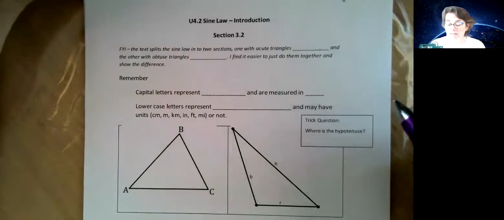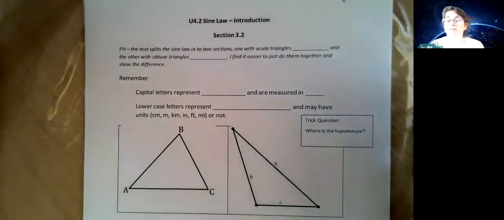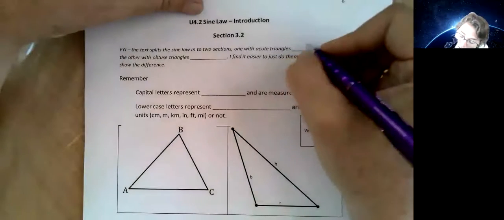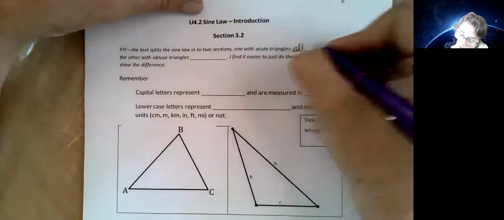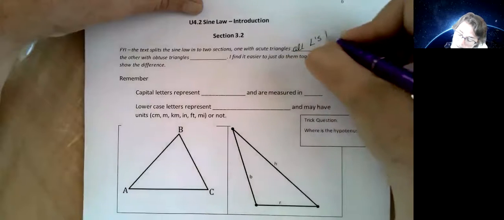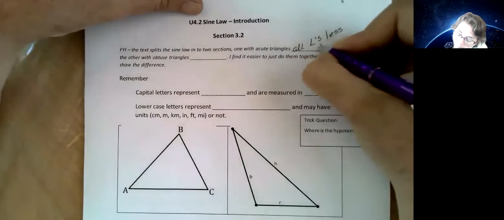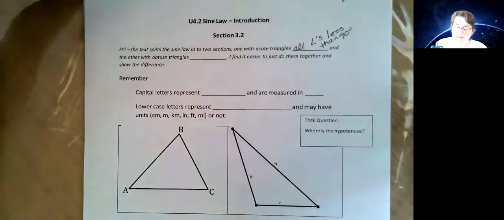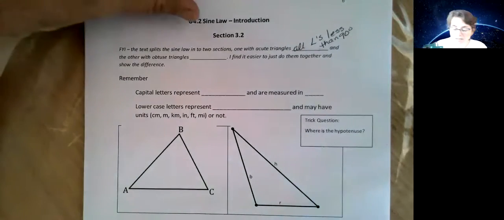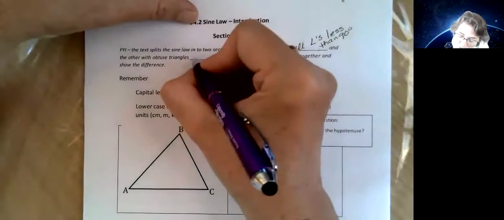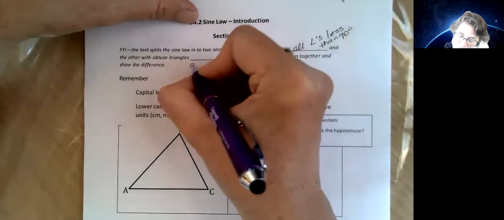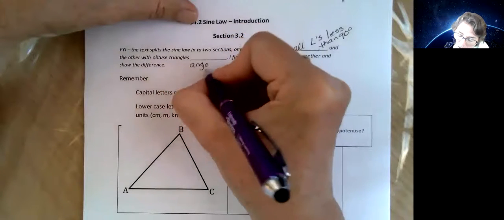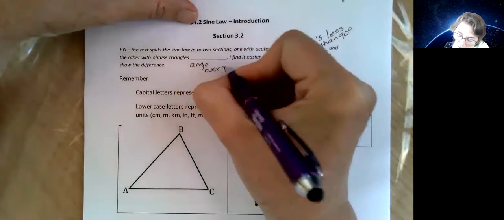So what they do is they split the sine law into two distinct sections. One that deals with acute triangles, which have all angles less than 90. And another complete chapter that deals with obtuse triangles, which are ones that have an angle over 90 degrees.